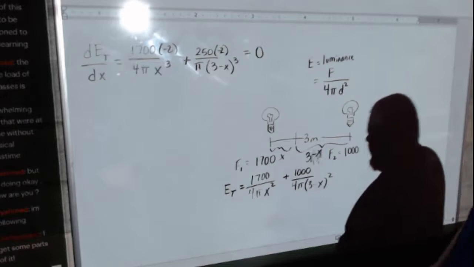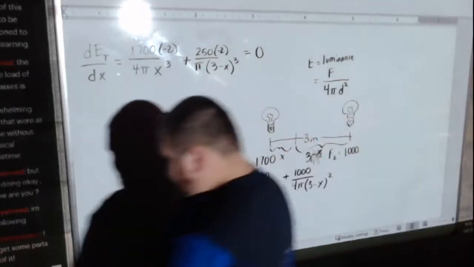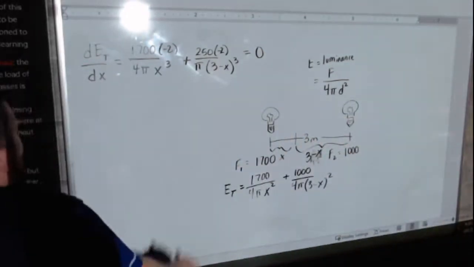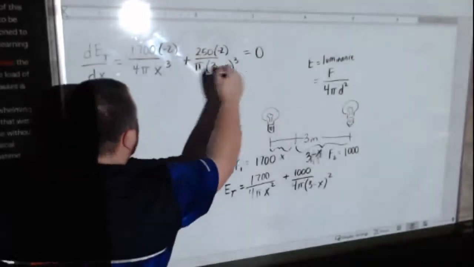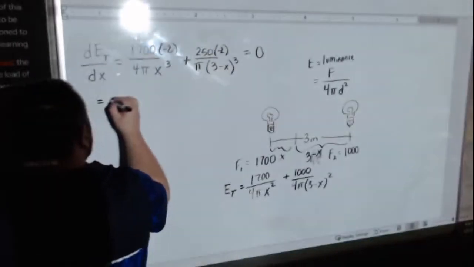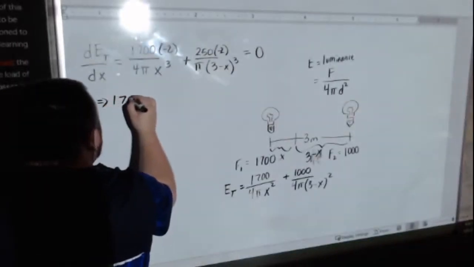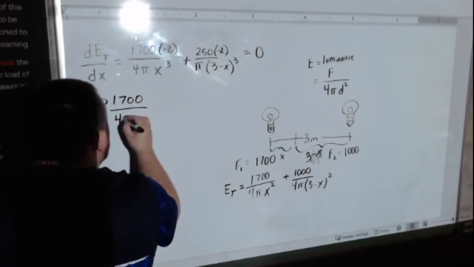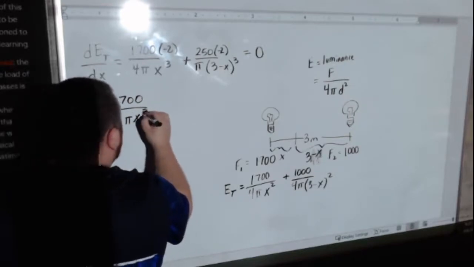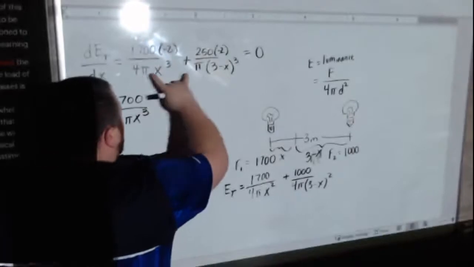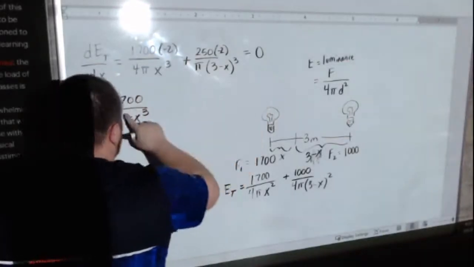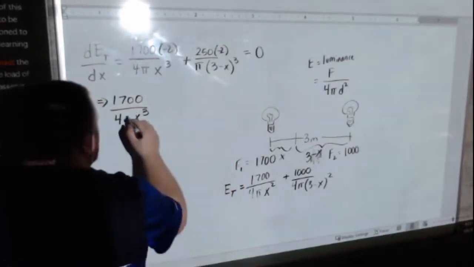So the reason I didn't multiply that negative 2 in is, well, I've just set it to 0. So if I divided every single term by negative 2, that'll disappear. And same thing with the pi, right? If I were to multiply through by pi everywhere, the pi would disappear.